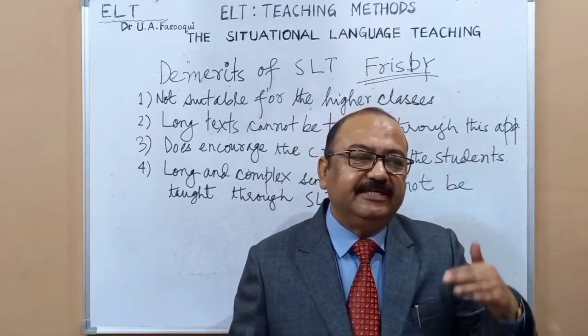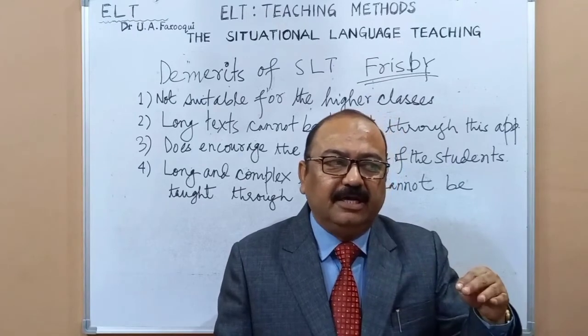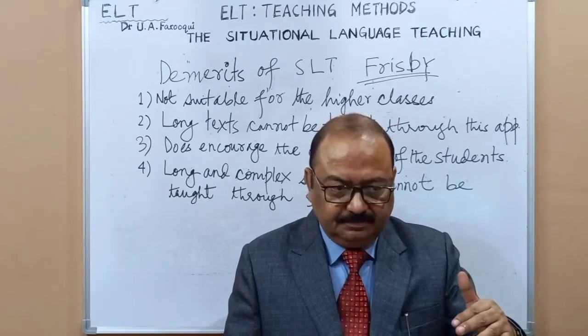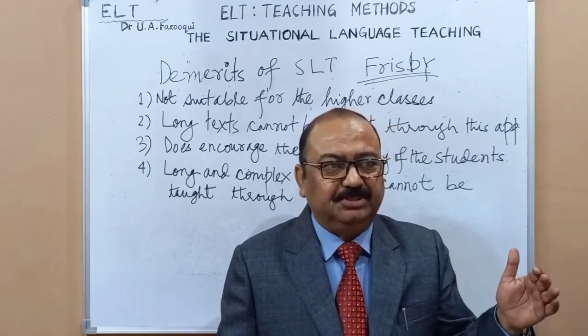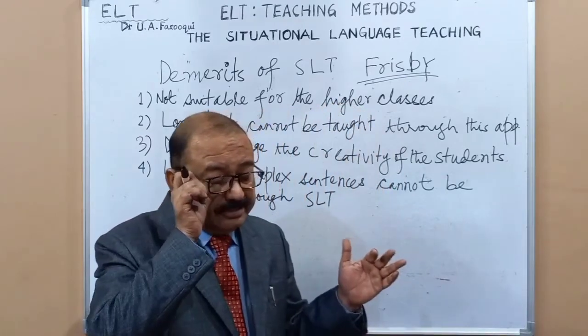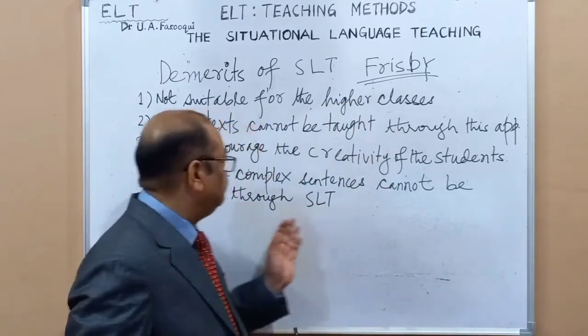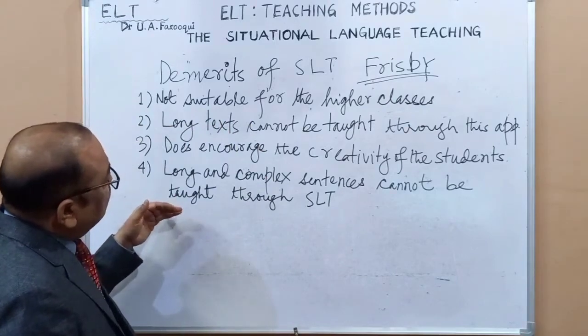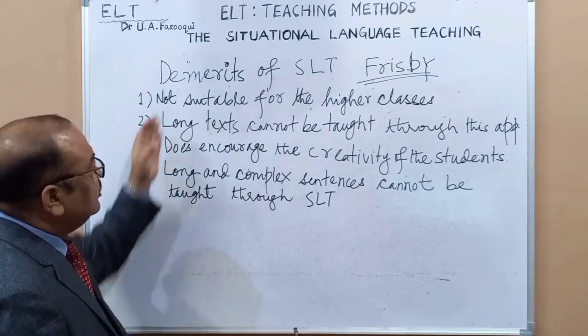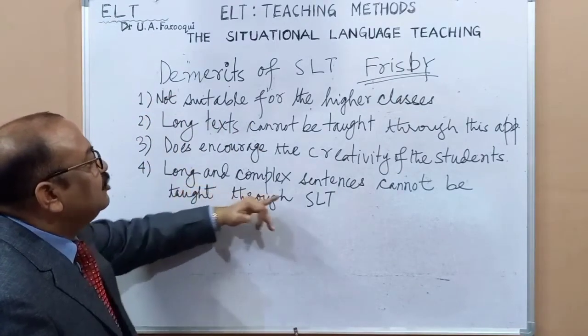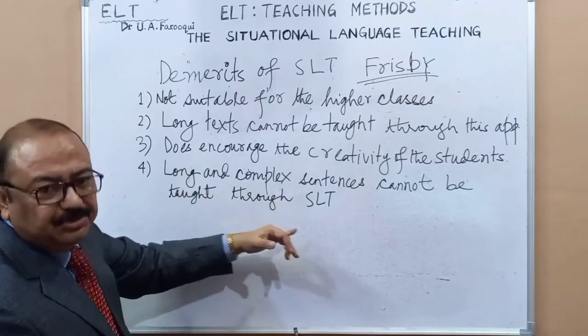So when you are teaching at the lower level, you don't need to teach them very big, complex sentences. So this is a flaw with this approach, they say. Long and complex sentences cannot be taught through SLT.